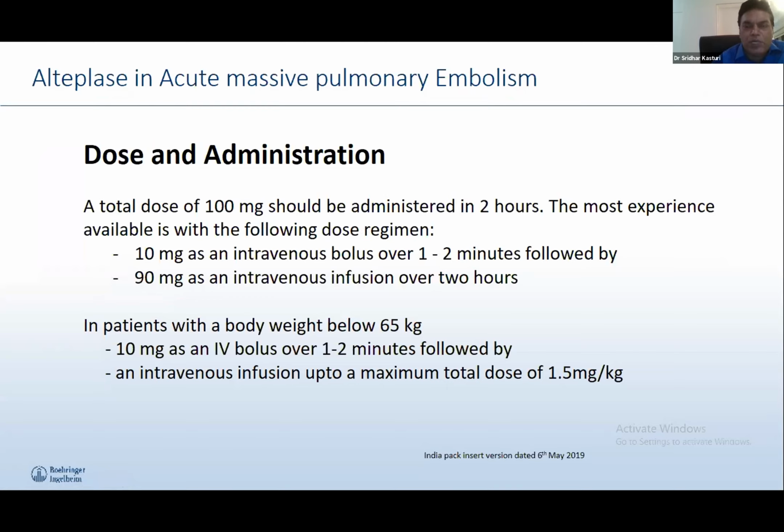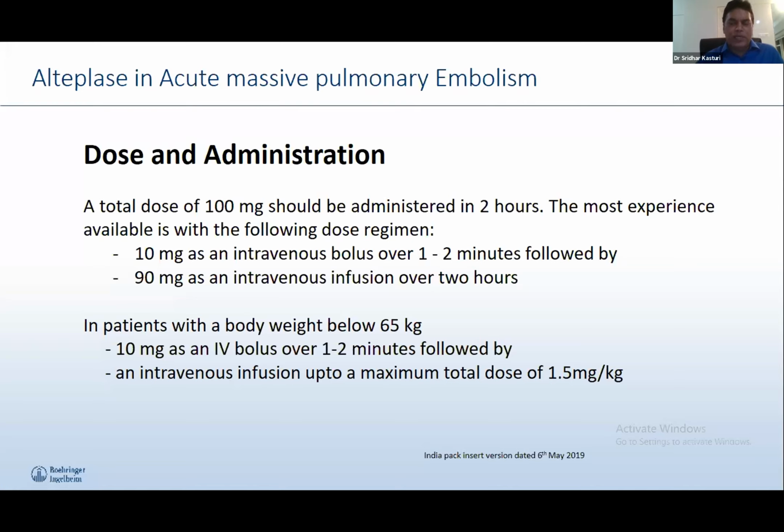So whenever it is possible, but don't wait. Suppose if this is not available, whatever is available, you push it. Any thrombolytic therapy will help. But when you have an option, you choose the drug. And the most important is the expedition: the faster the better, quicker the better. That is the most important.